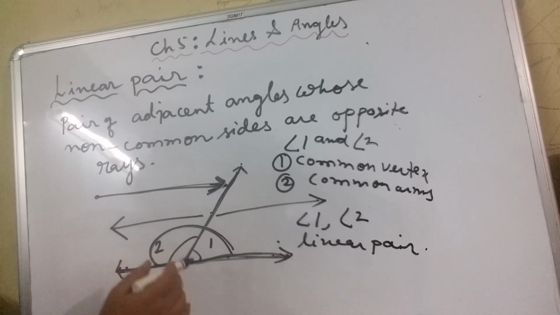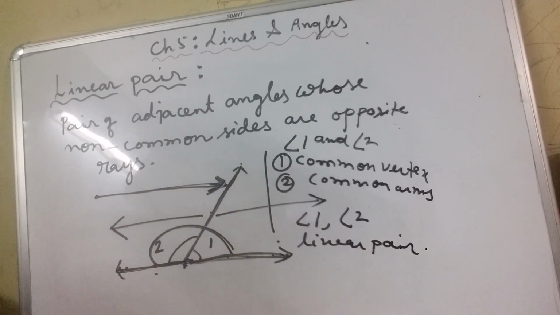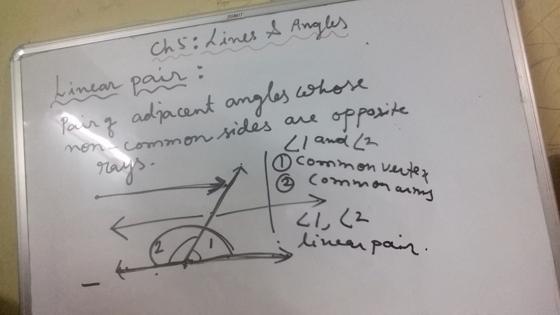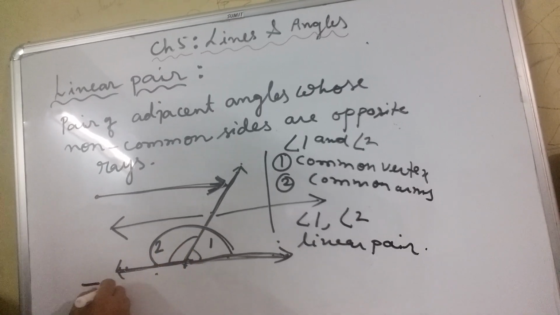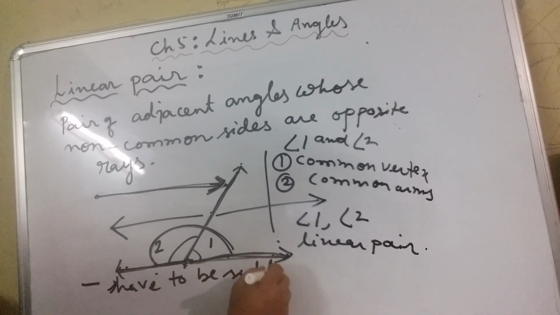So what can you conclude? A linear pair has to be supplementary.